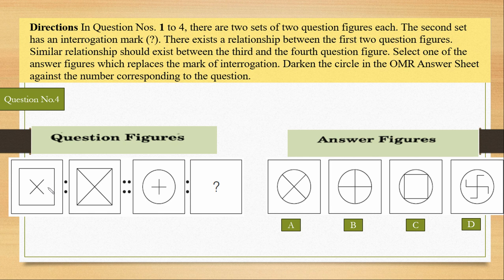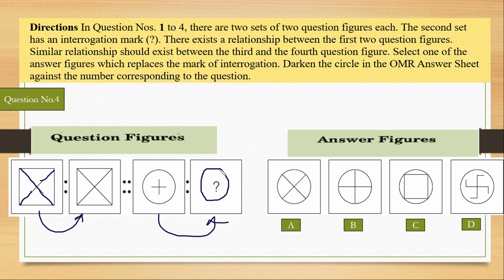Here in question number 4, as you can see, the analogy between these two figures is that the inside multiplication symbol is extending to the end like this and this. The same analogy we have to apply here, for the circle and a plus.